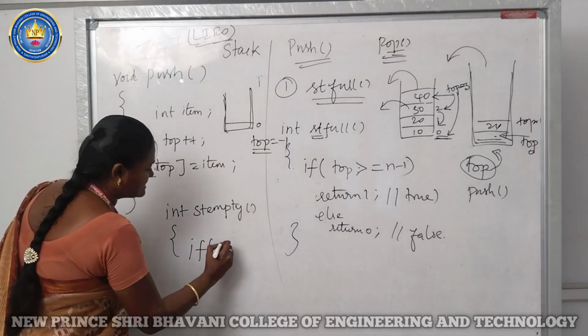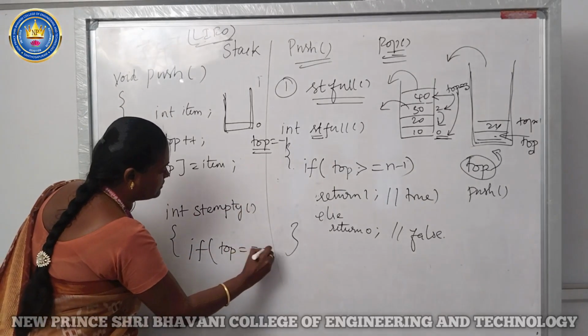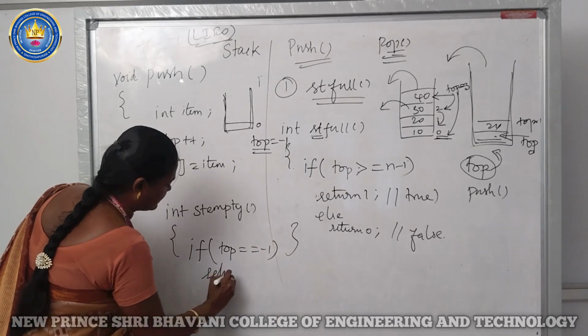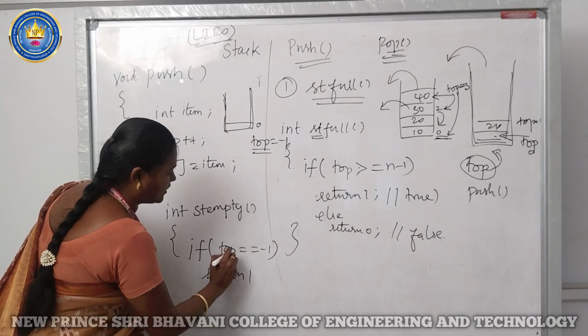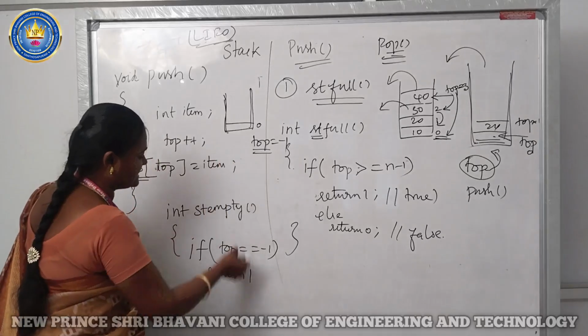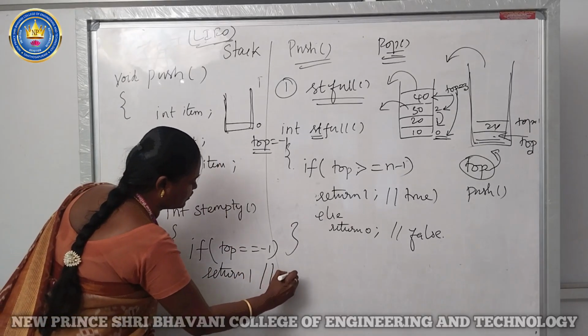If top equal to -1, return 1. That means the top value is -1, so the stack is empty. Return 1 means true.